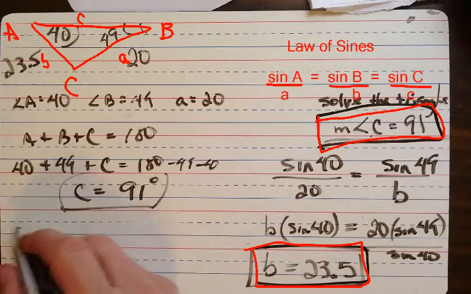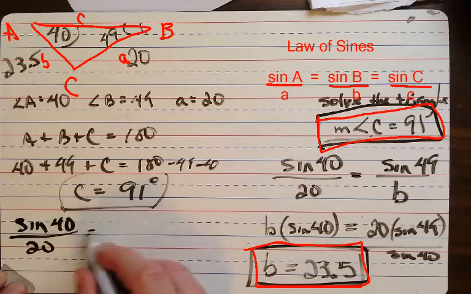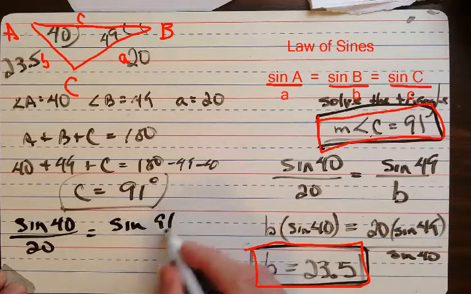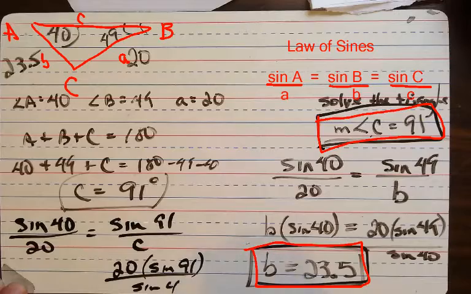I can use 40. Sine of 40 over 20 equals the sine of 91 over C, right? Then when I cross multiply, I'm going to get 20 times the sine of 91 degrees, all divided by the sine of 40.